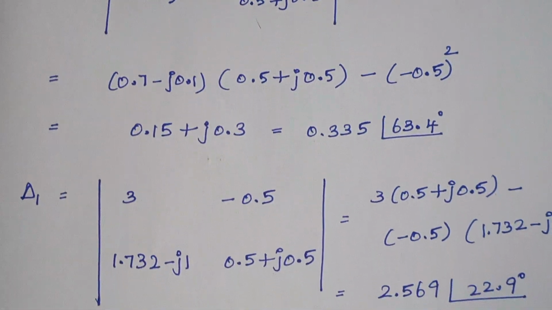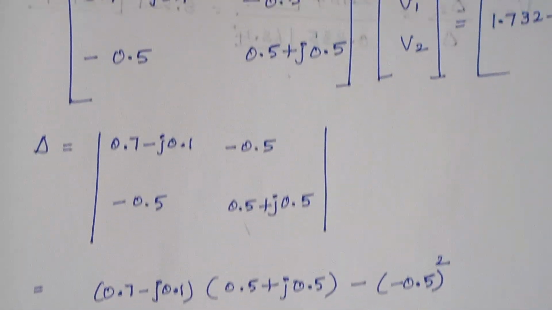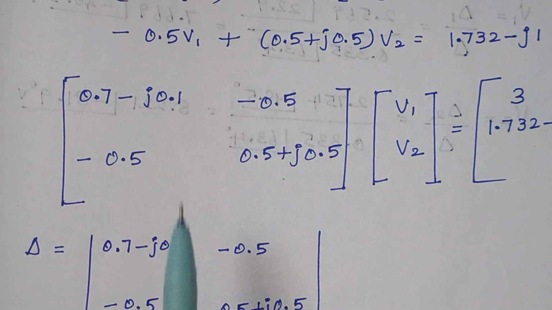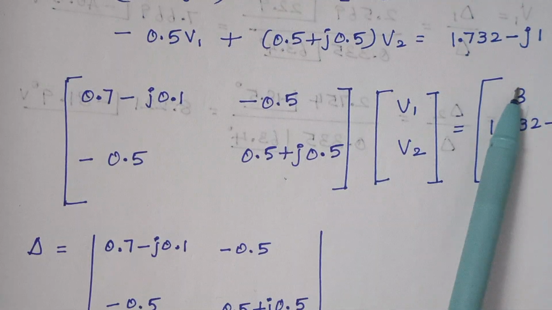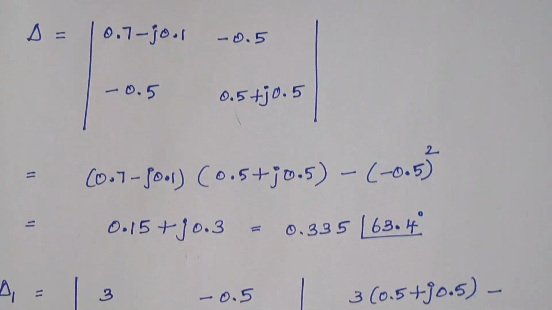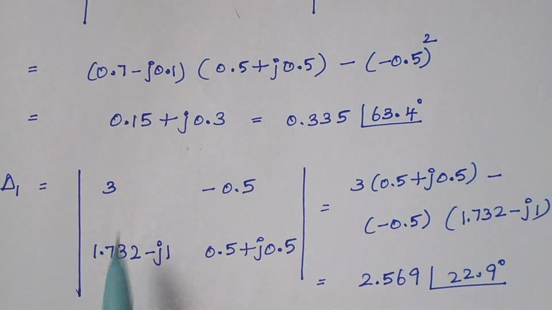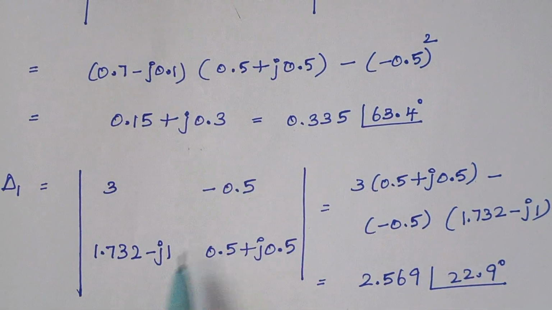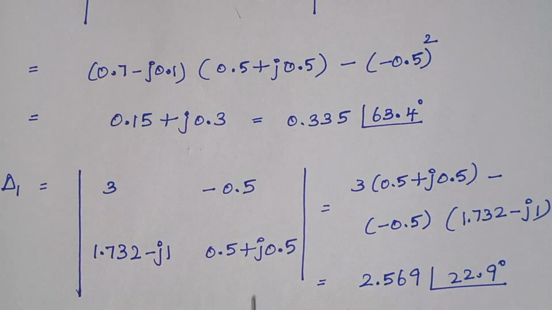The next thing is del 1. So, how to find del 1? In this case, we are going to replace the first column by these voltage values. So when you replace, here we have 1.732 minus j1 and again here minus 0.5 and 0.5 plus j0.5.